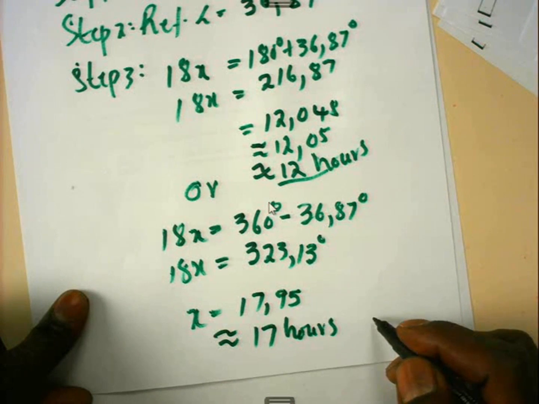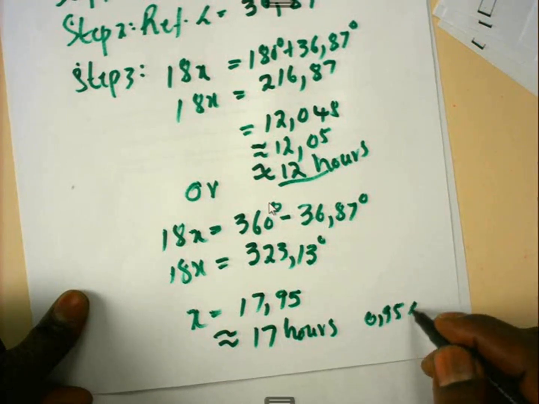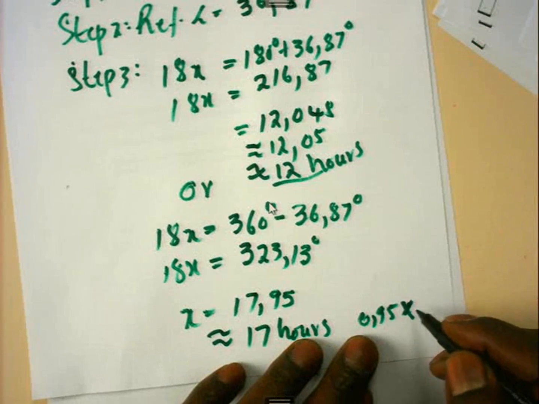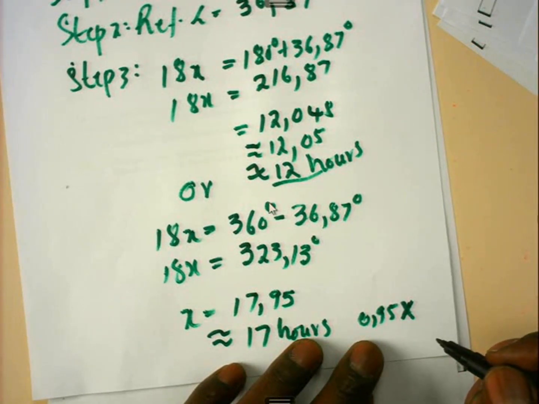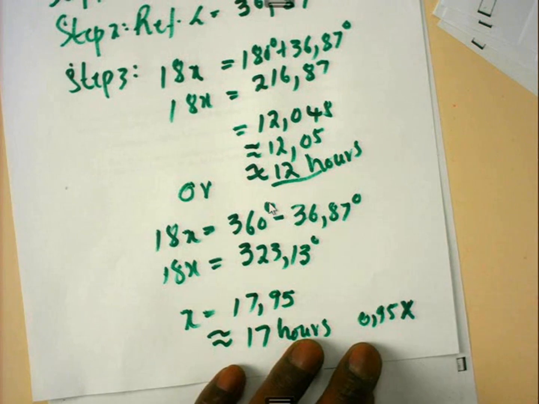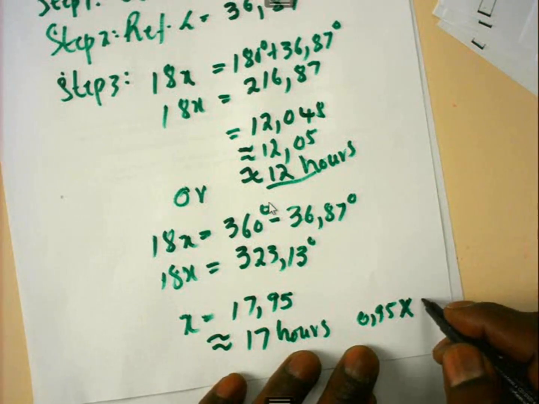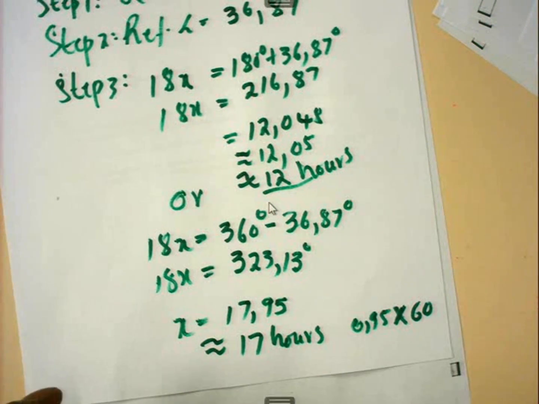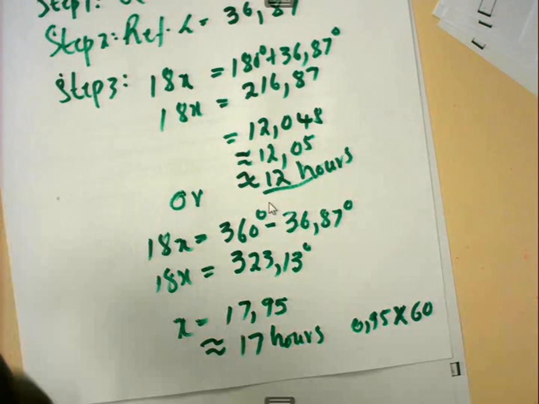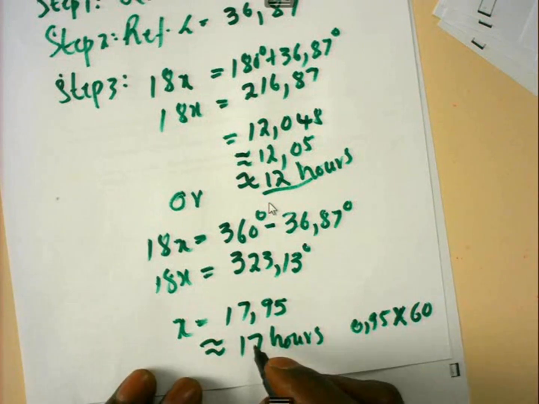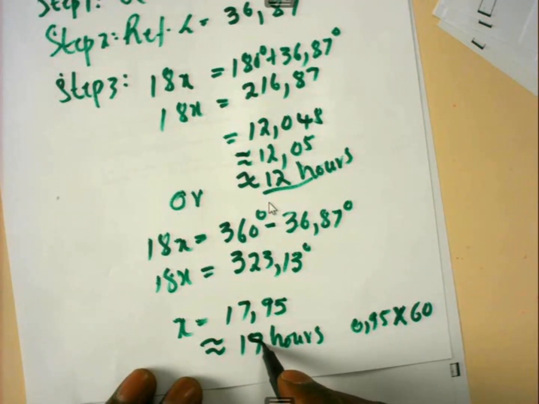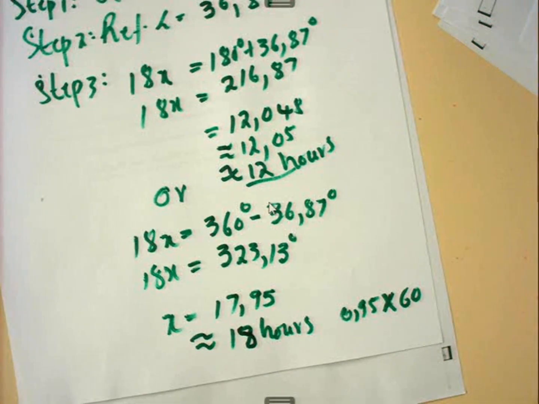Let's check. 0.95 multiplied by 60 to make it minutes, that will be 57 minutes, which is approximately 1 hour. So we will say that is approximately 18 hours.